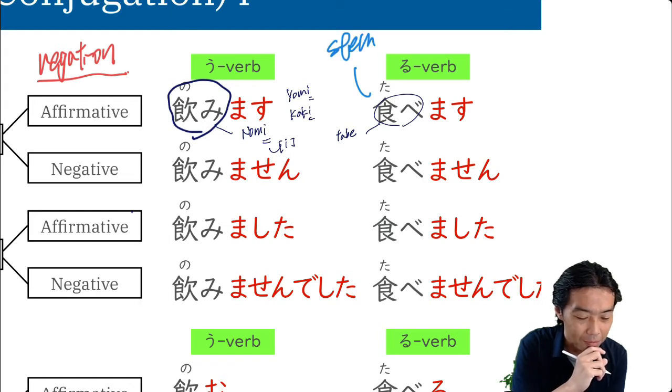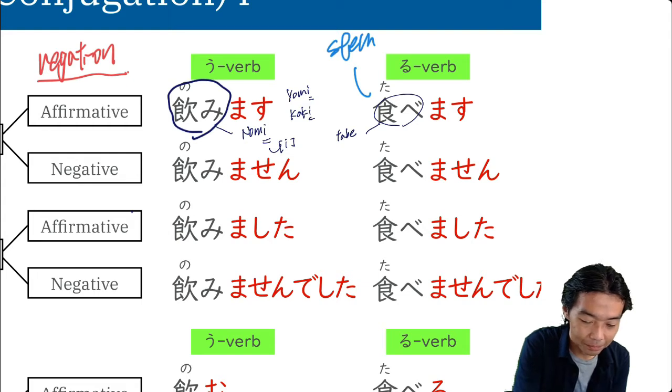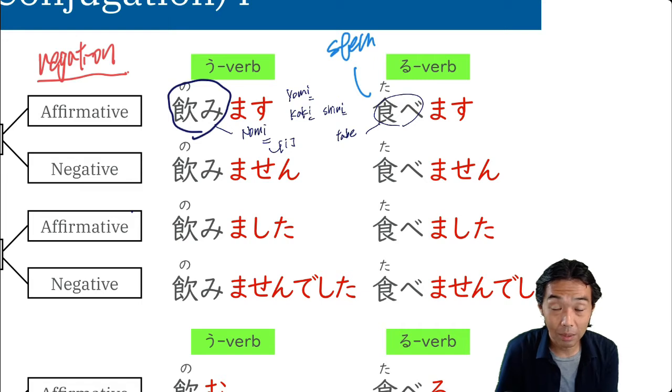What's a good verb? Shinimasu. So all the stems end with I.